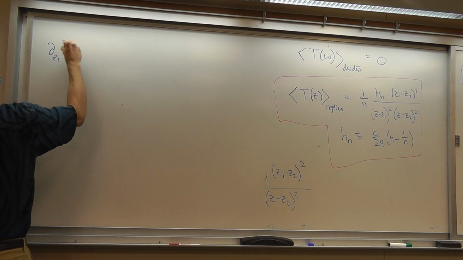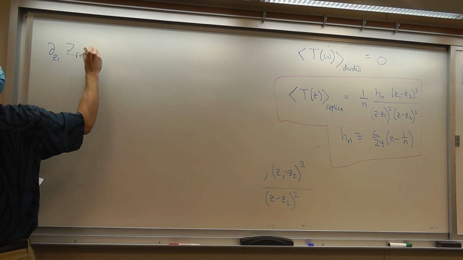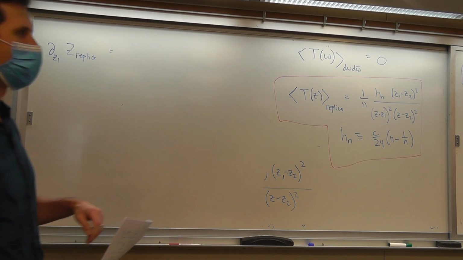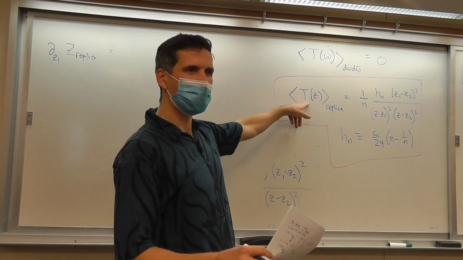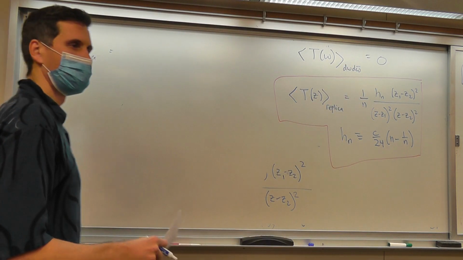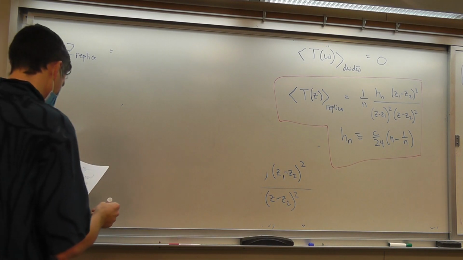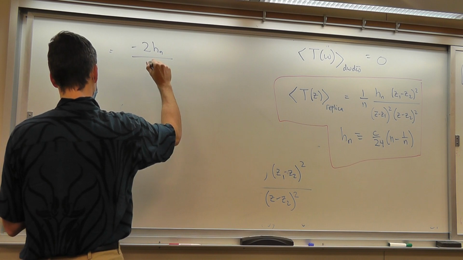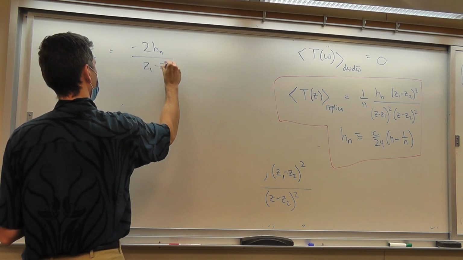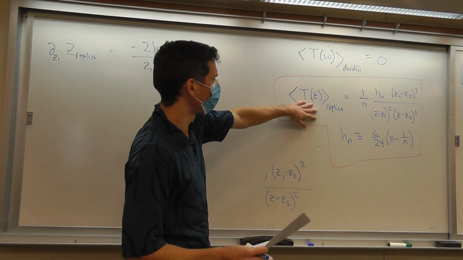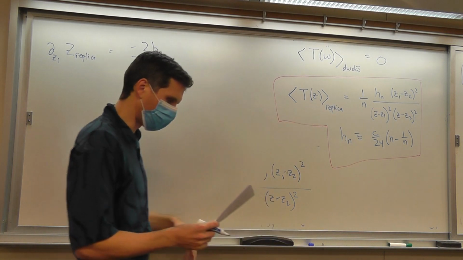So dz1 of z replica is that residue over there. We've calculated the stress tensor, and we just need to take the residue. Taking the residue of this expression gives you minus 2hn over z1 minus z2.